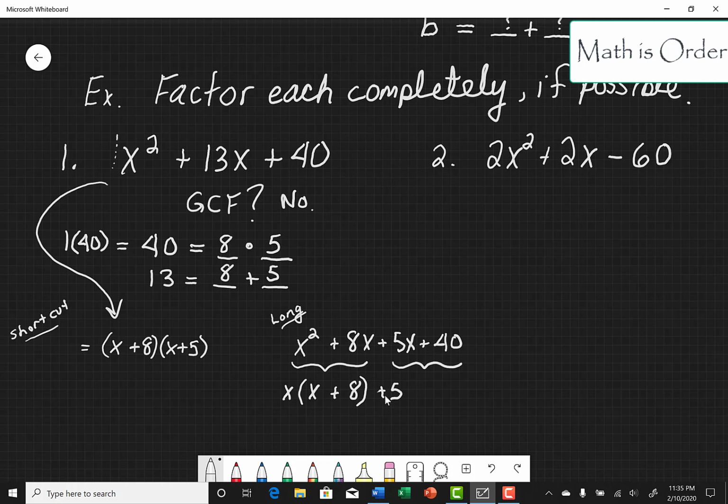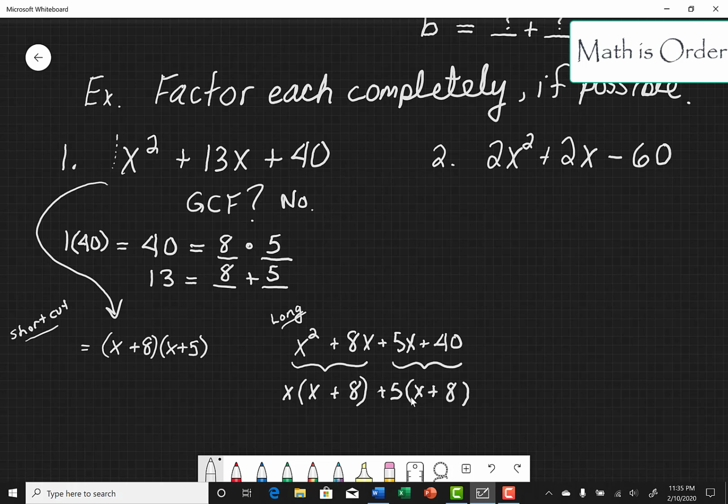A common mistake is that people sometimes put nothing there, right? So make sure you put the operation here, whether it be plus or minus, right? When I take positive 5 out and then put the parenthesis, after I take 5 out of these two terms, I'm left with x plus 8.